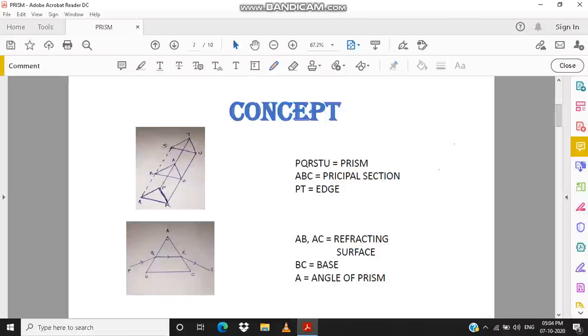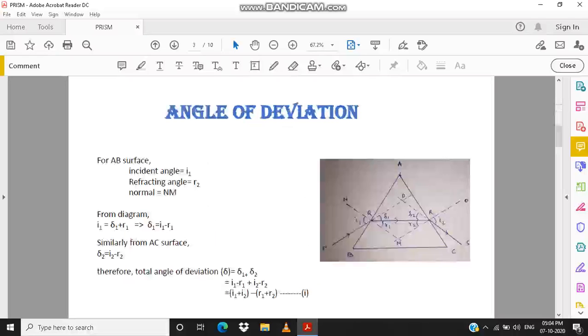Now we'll come to another topic. This is the angle of deviation. What we will see is the angle of deviation of the light ray. Here is the diagram. I'll be explaining this. For surface AB, the first surface, the ray PQ enters here and the ray RS exits over here.